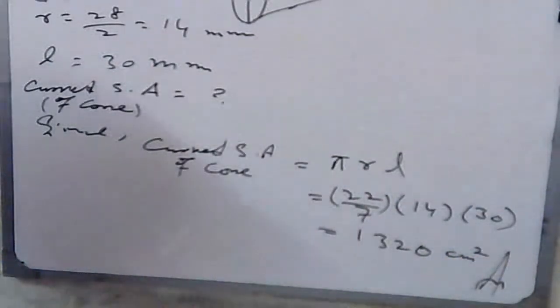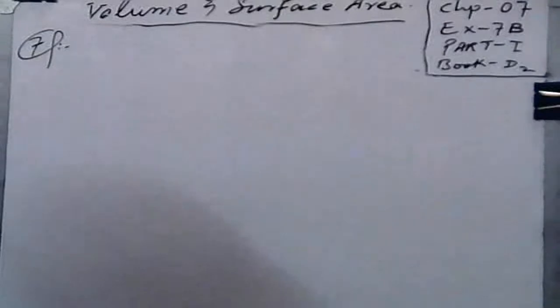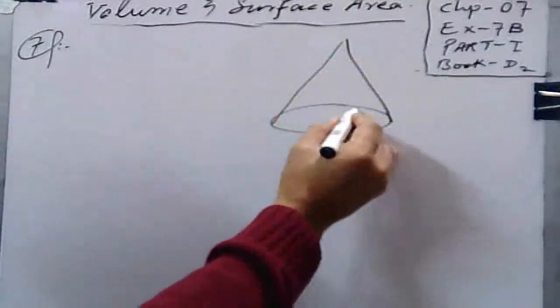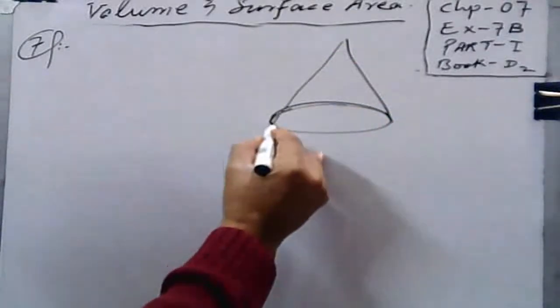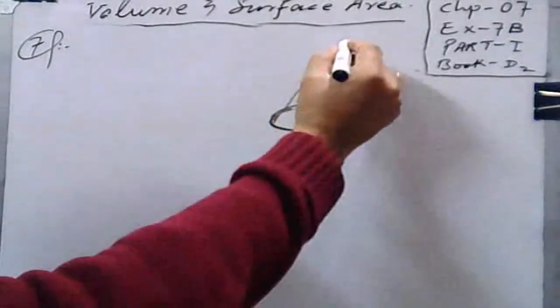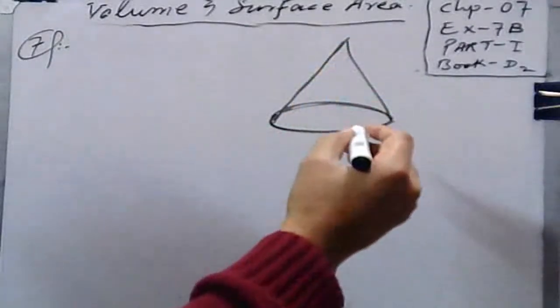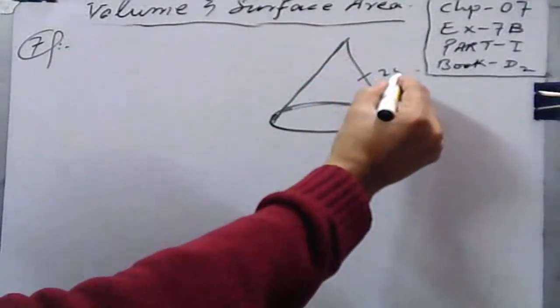That is your curved surface area. Similarly, in C part you can see another diagram is given to you, the cone is given to you like this. The diagram is not made by me very accurately, but I'm trying.